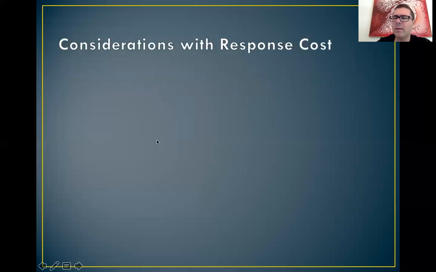Now, there are some considerations also when using response cost. For example, which reinforcer will be removed? Depending on what the behavior is, it will differ. So let's say problem behavior is maintained by attention. If the problem behavior occurs, not giving attention would be extinction. So what would response cost look like? You have to remove something that the individual is in possession of.